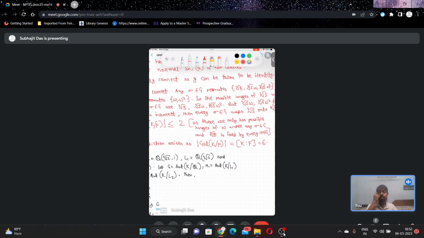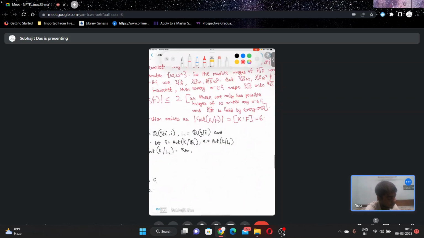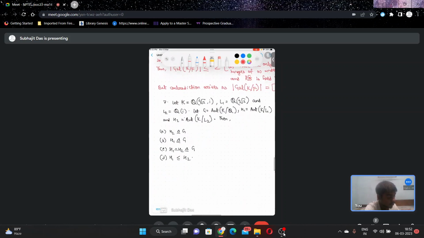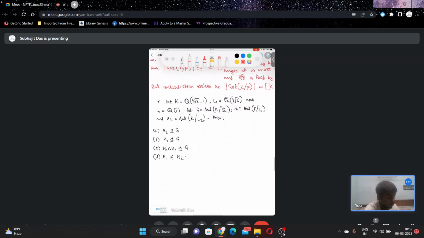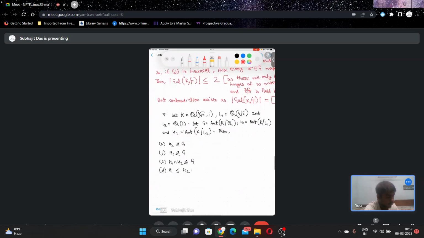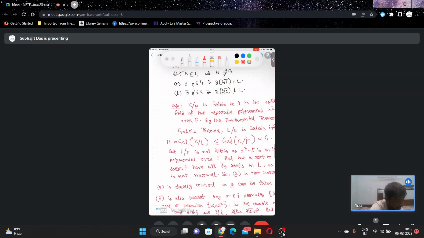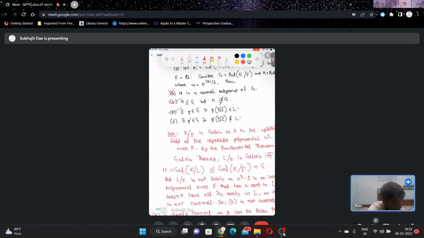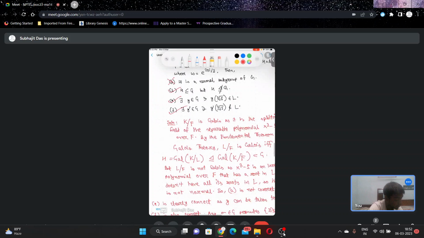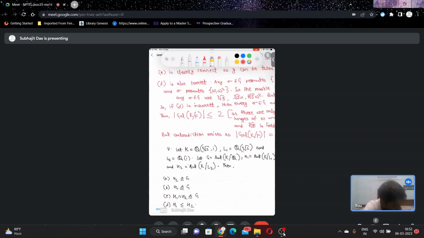The degree is 6 as we saw, so this can't happen. Let's move on to the next problem. Option C is correct and option D is also correct. Thus D is correct.